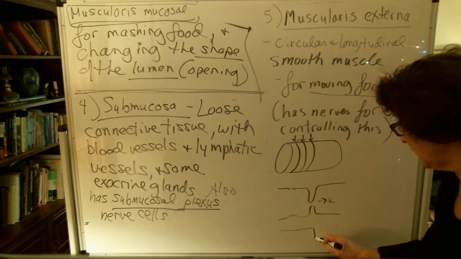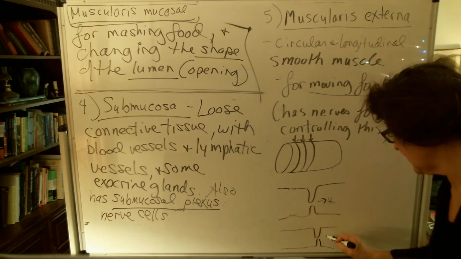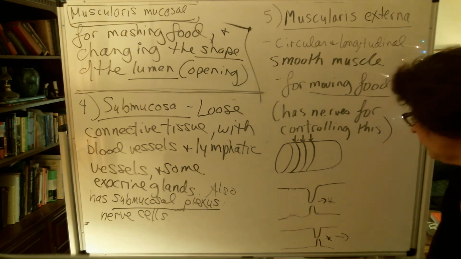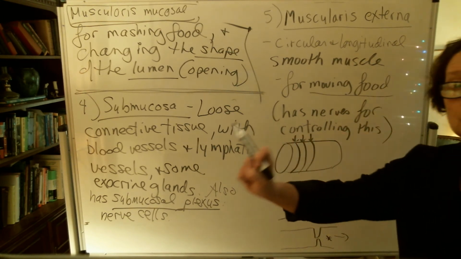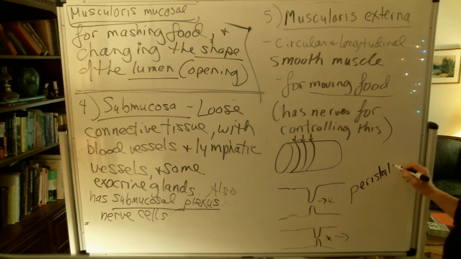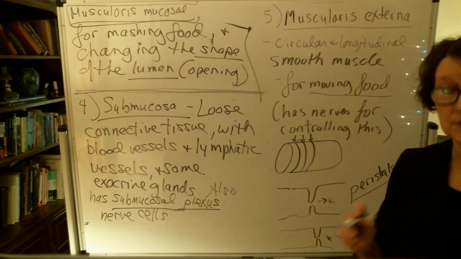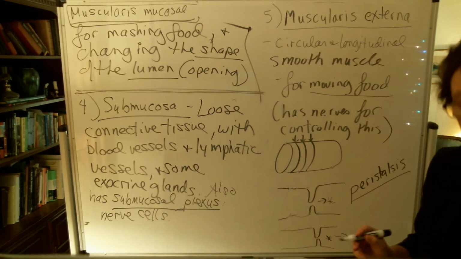You can just wind up having that pinch carry on, and the food gets moved in front of it. And this process of moving food through a tube in this way is the process that is called peristalsis. That is how food moves through your gut, and that is done by the muscularis externa.